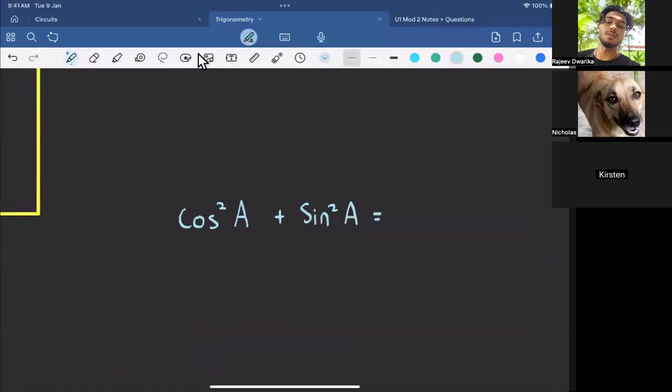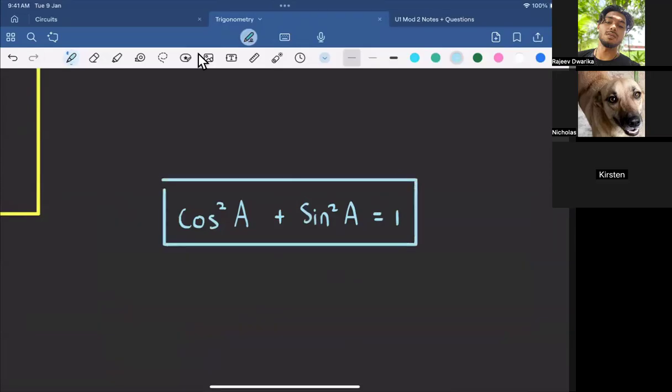Yeah, that's the main identity you all need to know. We looked at it when we were doing trigonometric proofs, so you need to know that identity.